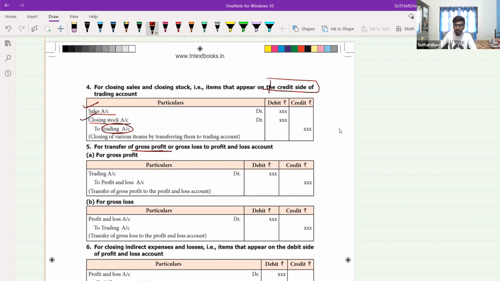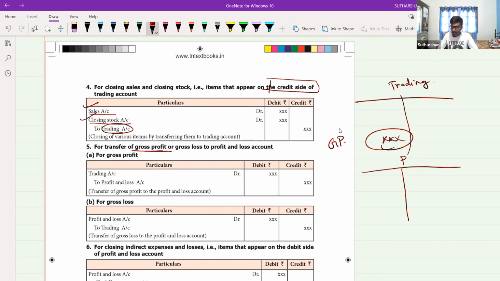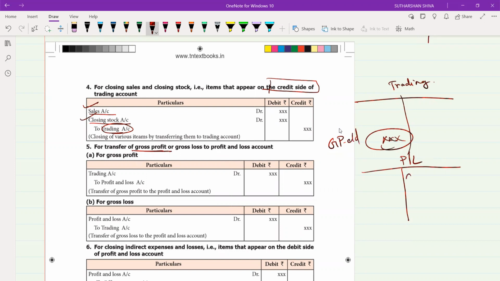For transferring of gross profit, everyone should understand, we are transferring from the trading account. If I am getting this in the trading account, this is a gross profit. This I will transfer to which side? Debit side of the profit and loss account or credit side of the profit and loss account? Credit side, right?